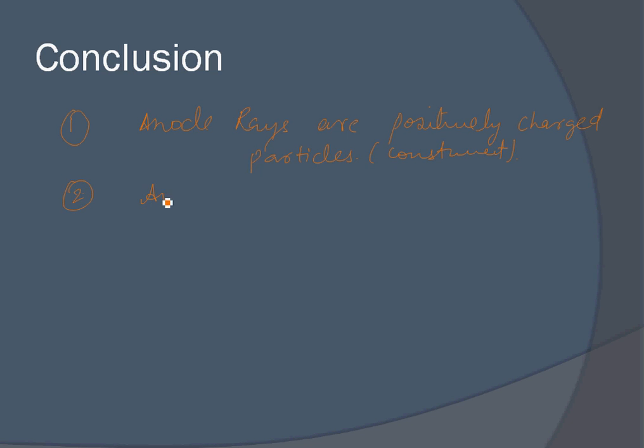Second, anode rays are also called canal rays or the positive rays.